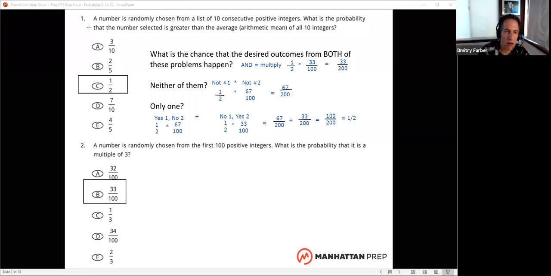So if we think of a general formula, we could say, all right, the total chance is going to equal 1, right? The chance of all the different possibilities, and that's going to equal both plus neither plus just 1 in this case. If there were more things to do, right?